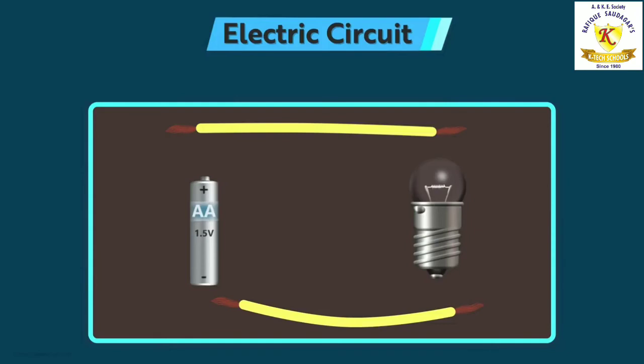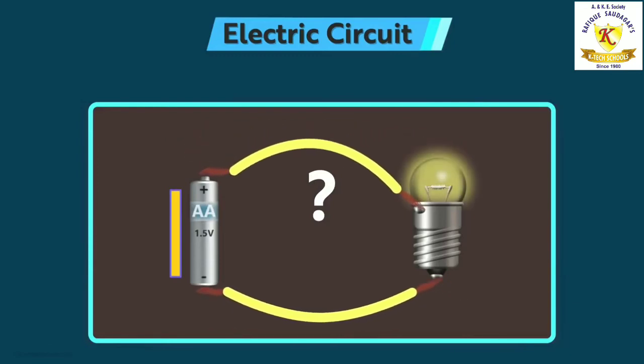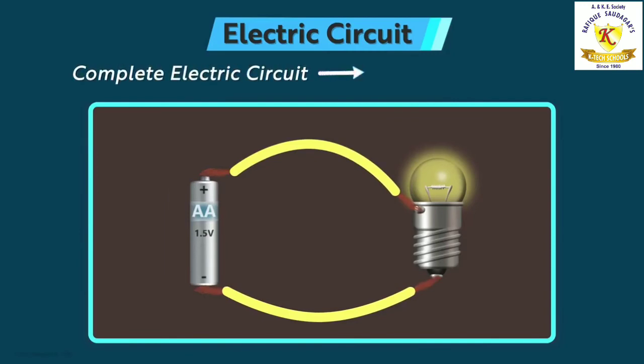But for how long does the electricity keep flowing? The energy will flow as long as the circuit is connected or until the cell dies off. So we learned that an electric circuit should be complete for the bulb to light up.